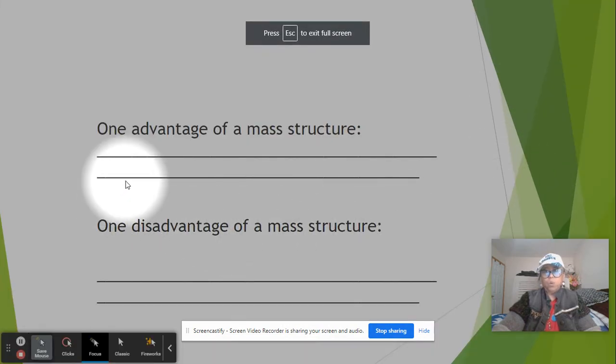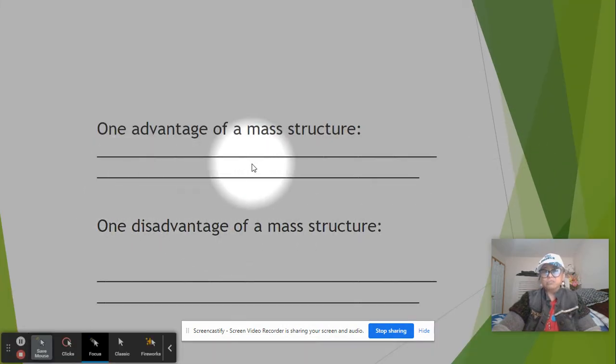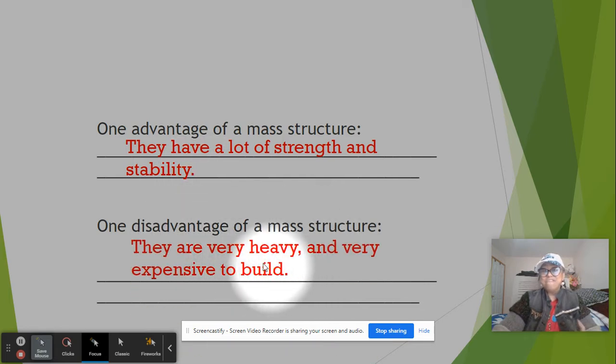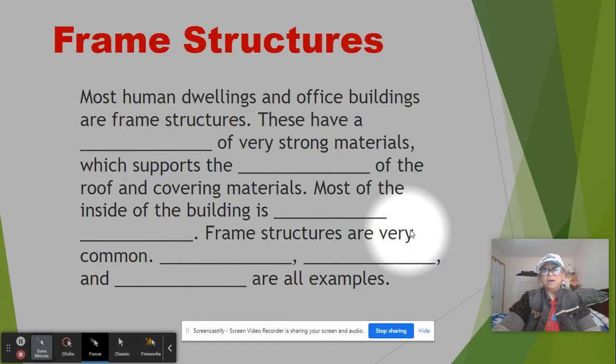Now, what's the one advantage of a mass structure? What do you think? They have a lot of strength and stability. Now, the obvious disadvantage would be what? They are very heavy and very expensive to build. Now, the second type of structure would be frame structures. Most human dwellings and office buildings are frame structures.